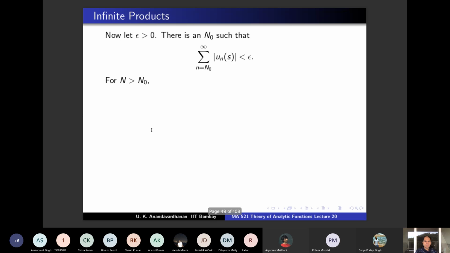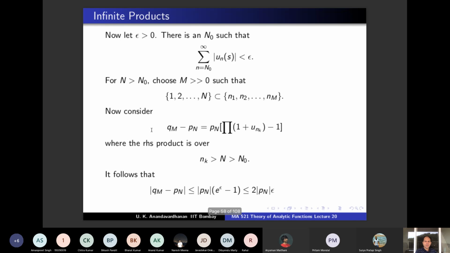So mod Pn is less than C, and that is true for any n. So this is less than or equal to 2C epsilon for small enough epsilon. Epsilon small enough is used in order to get 2 here. So the rearranged partial product and the original partial product differ by an absolute bound like this, for any small enough epsilon.